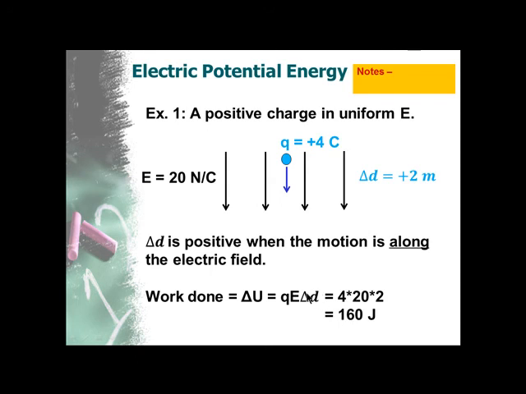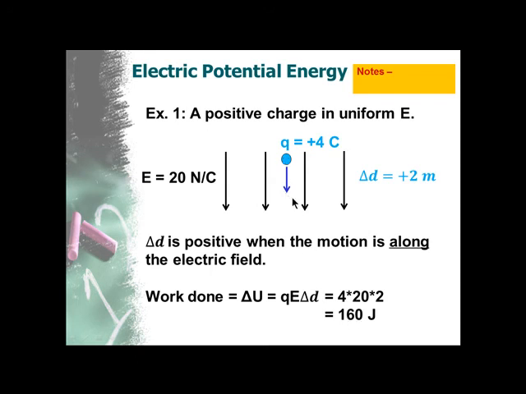So if I wanted to calculate how much work was being done on this charge by this electric field, I would multiply Q times E times its change in distance, or its change in displacement. So I would multiply 4 times 20 times 2, and I would find out that it has done 160 joules of work in that amount of distance.